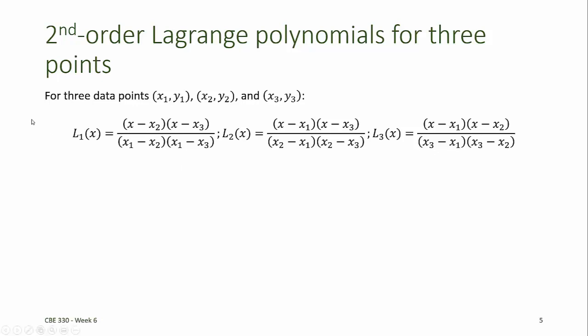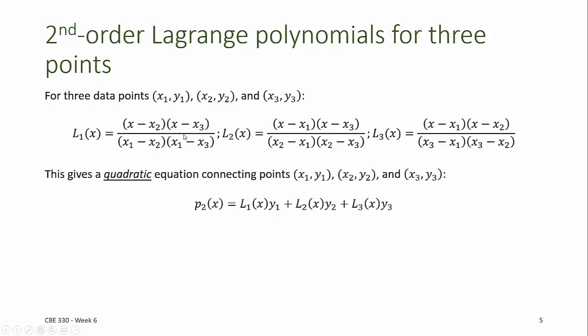L1 will go to 0 at x equals x2 or at x equals x3, and it will go to 1 when x is equal to x1. L2 will go to 0 when x is equal to x1 or x3, and it will go to 1 when x is equal to x2, and L3 will go to 0 when x is equal to either x1 or x2, and it will go to 1 when x is equal to x3.